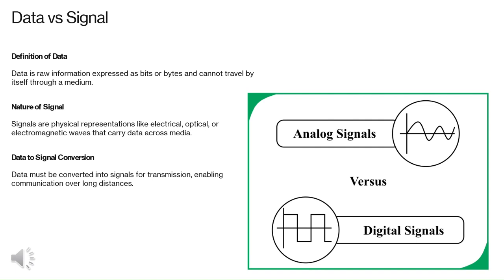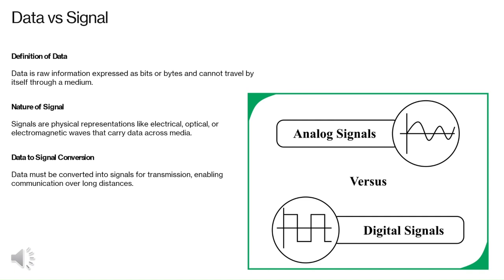Now we are going to talk about the crucial concept of data versus signal. What is data? Data is the raw information expressed as bits or bytes, but it cannot travel through any media. What is a signal? A signal is a physical representation, like an electrical, optical, or electromagnetic wave, that carries the data through any media. Data is the actual information, the ones and zeros your computer understands.